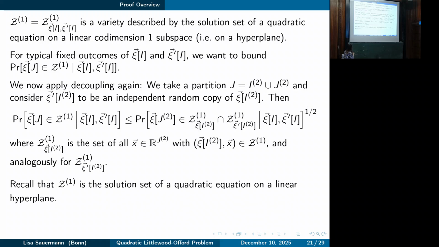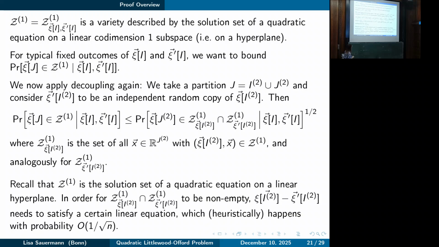Okay, and so if we now recall that Z1 here was the solution set of a quadratic equation on a linear hyperplane, we now need to look at what this intersection looks like. This basically means it's again a quadratic equation on a linear hyperplane, and this is also a quadratic equation on a linear hyperplane, but they are a little bit different because we had the first few variables fixed to different things.